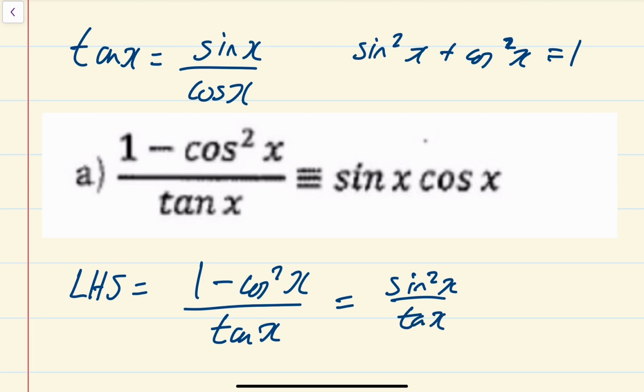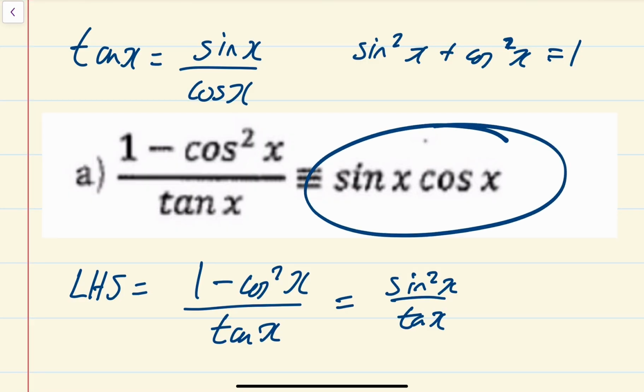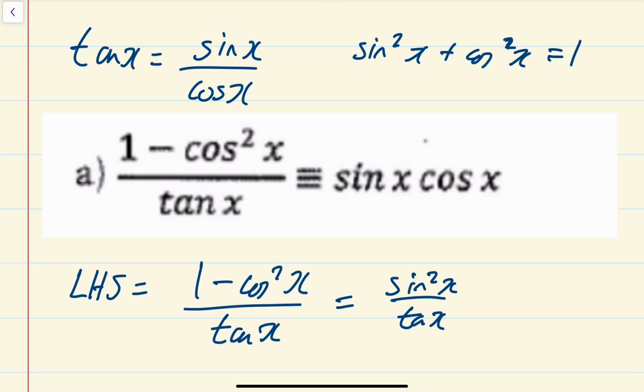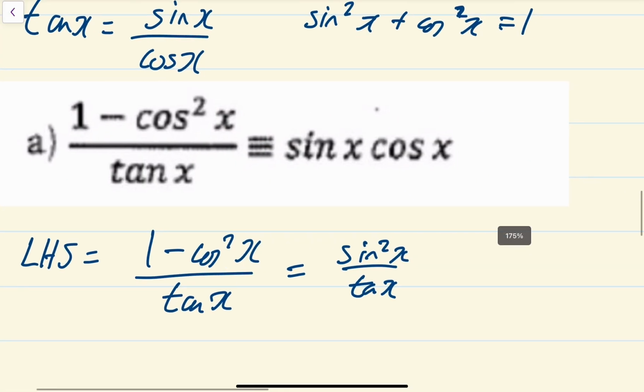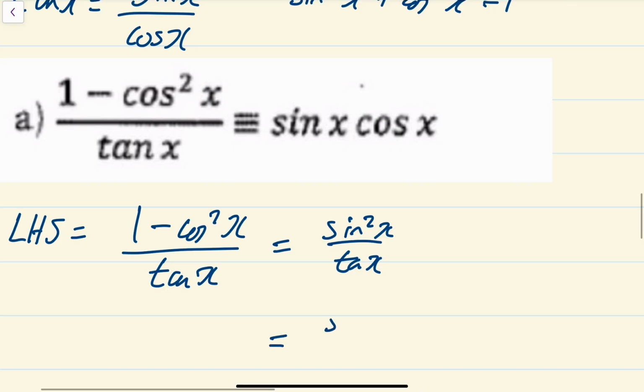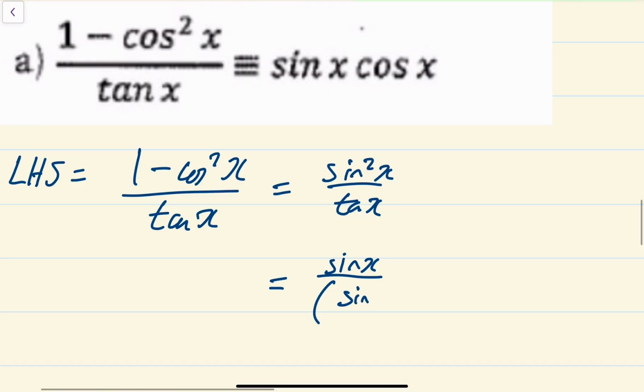Now the other thing you need to do is keep one eye on the prize, so keep one eye on where you're trying to get to. I want to get my left hand side to be equal to my right hand side. Now notice that the right hand side has no tans in it. So I'm going to change the tan on my left hand side to be written as sine over cos. So what we really have then is sine of x divided by sine over cos.